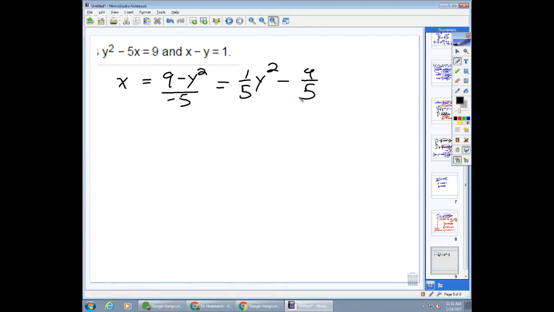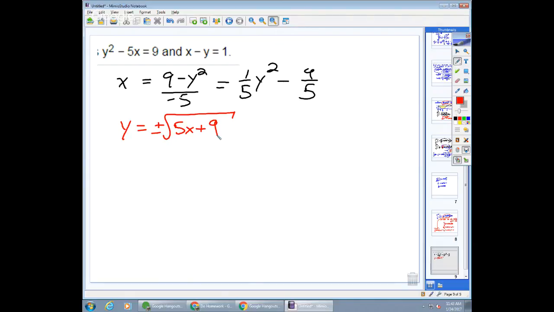Eek, fractions. Alternatively, we could solve for y, in which case we would get plus or minus the square root of 5x plus 9. Which one would you rather play with? Solve for x. Okay, Stan, I'll let you pick that one.